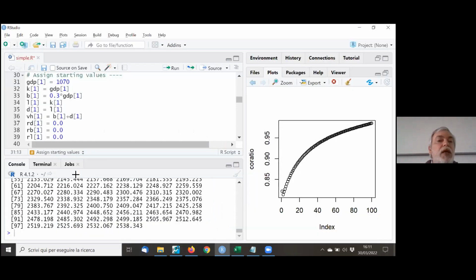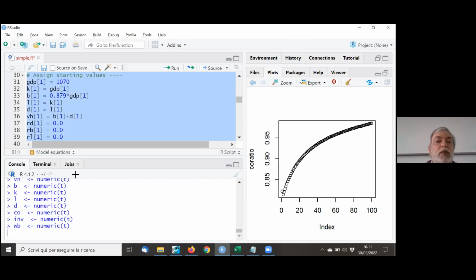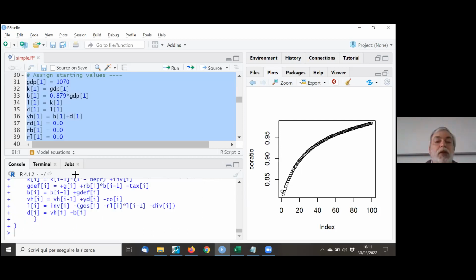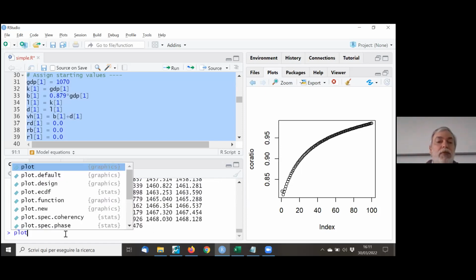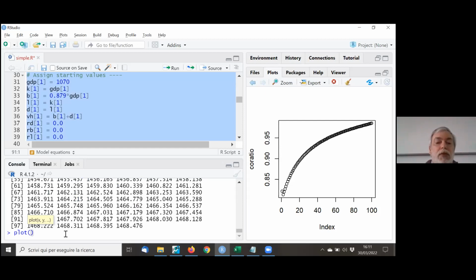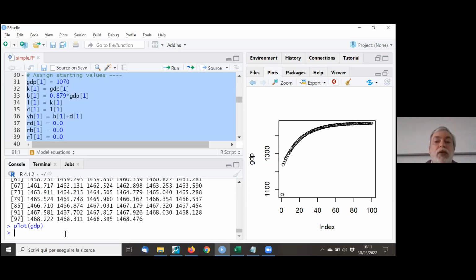And the B at 879, 87% of GDP. Okay, so now if I plot, it's still not 1070.